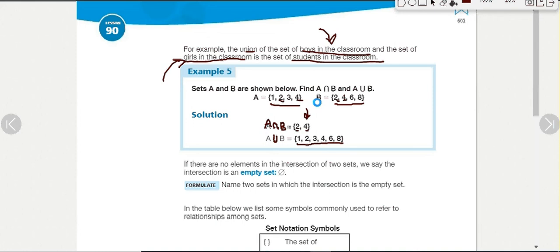The union just writes the numbers. If there are no elements that are in both, that intersection would be an empty set, right? Like let's say if there's a set C that is only the element 5. And then we ask for the intersection of A and C. We would have to say that's an empty set. There's nothing that they have in common.